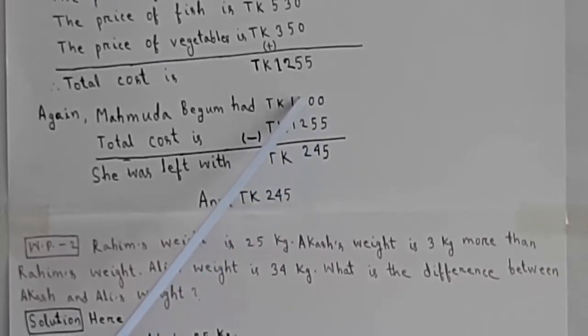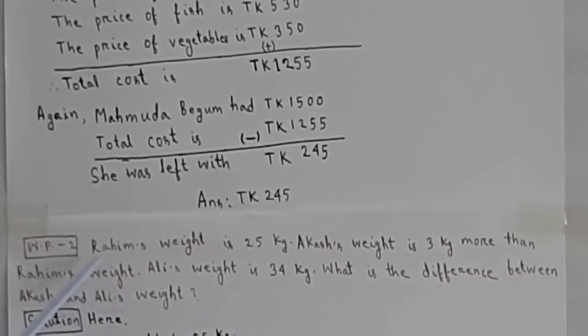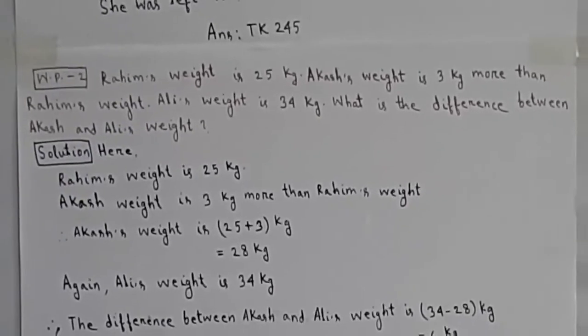Since we have taken 100 from the hundreds place, so we have to consider here 4 exist. Now 4 minus 2 is equal to 2 and 1 minus 1 is equal to 0. That means she was left with TK 245. Answer: TK 245.